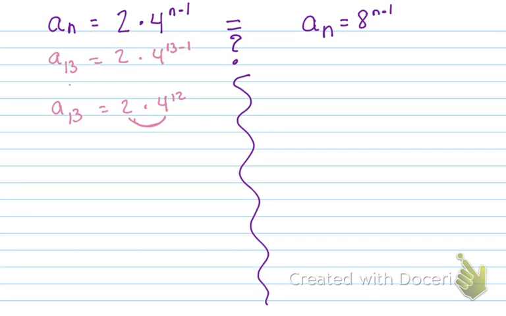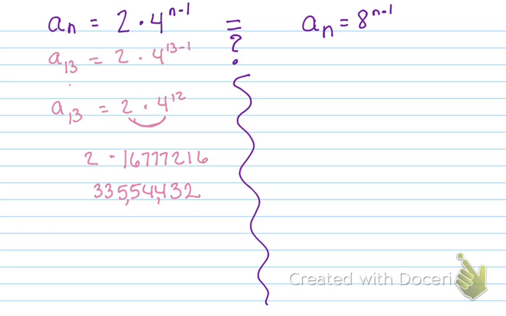So we raise 4 to the 12th, which is 16,777,216, and then multiply it by 2. So our final answer is 33,554,432. Add your commas if you'd like. And then our answer is easily there instead of multiplying.